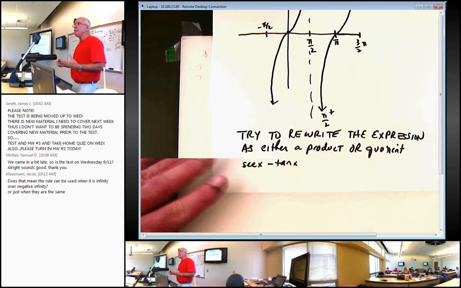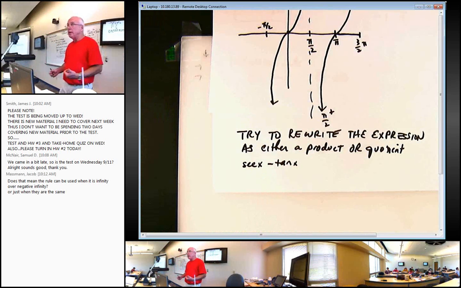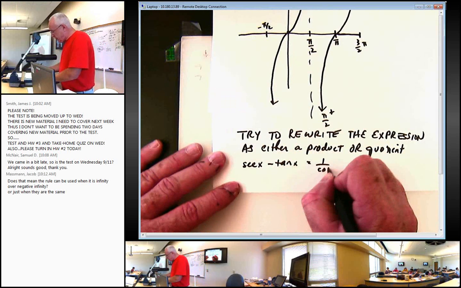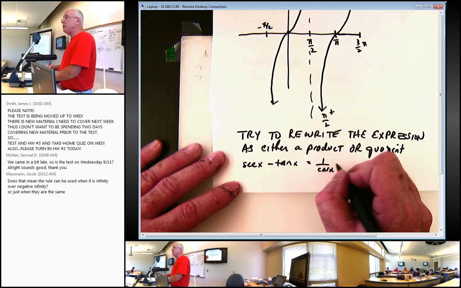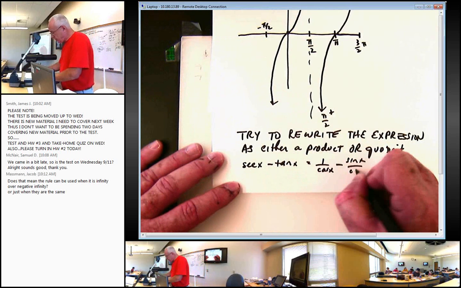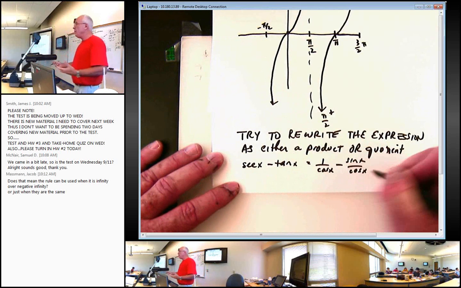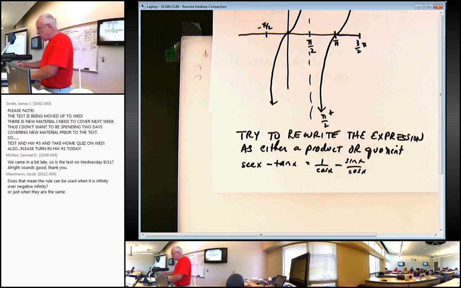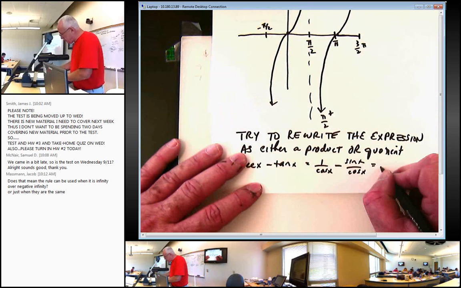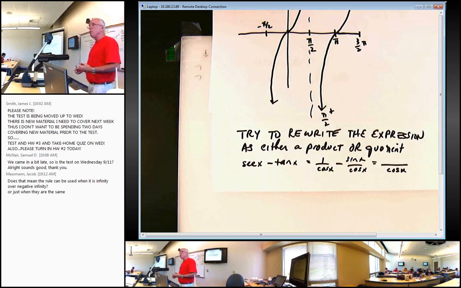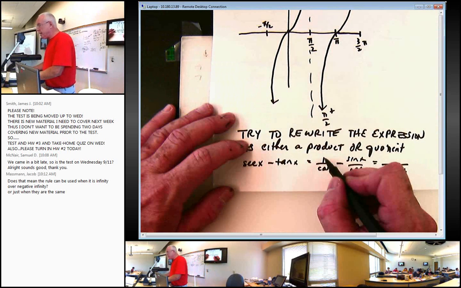Well, let's put these in terms of sine and cosine. The secant is 1 over the cosine of x minus, now the tangent is the sine over the cosine. So, we very conveniently have the same denominator here, so I can represent this over a single denominator of the cosine of x, and the numerator then will be 1 minus the sine of x.